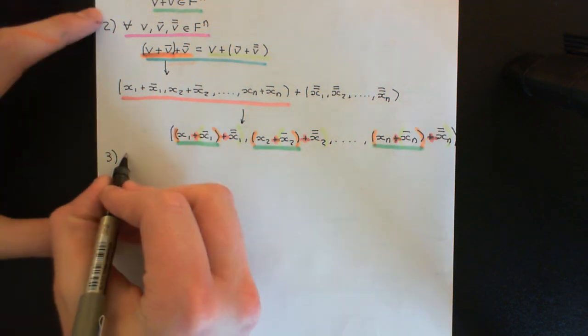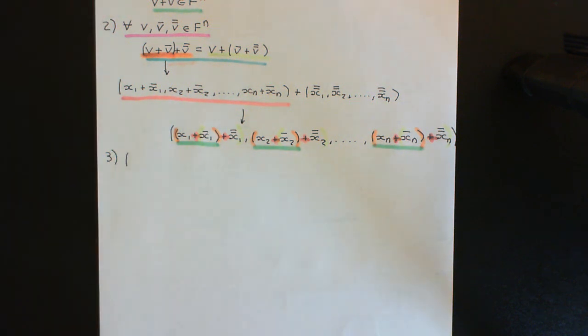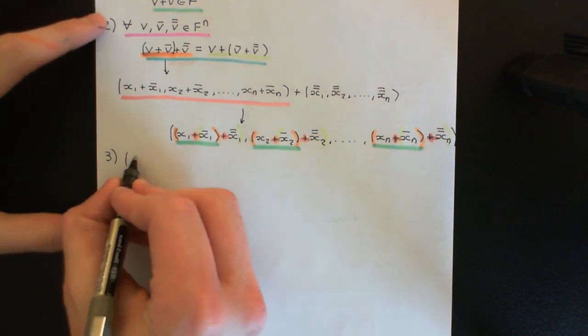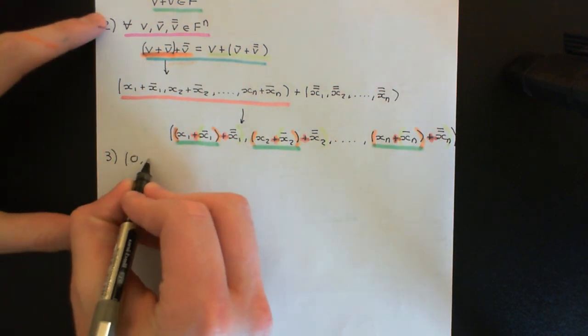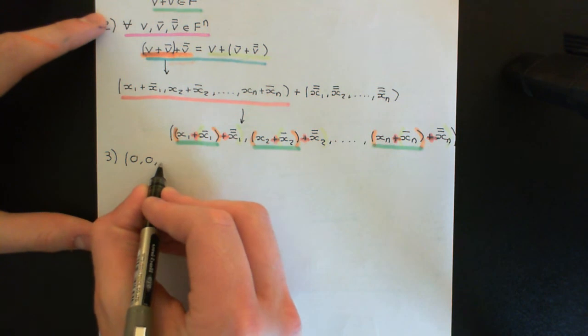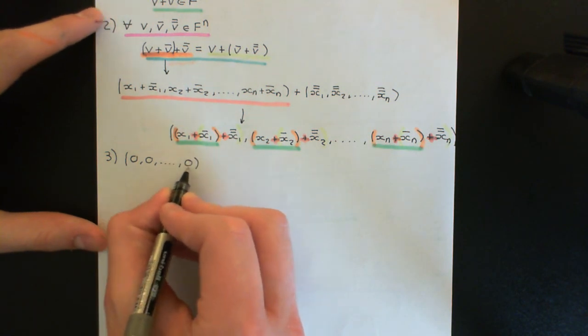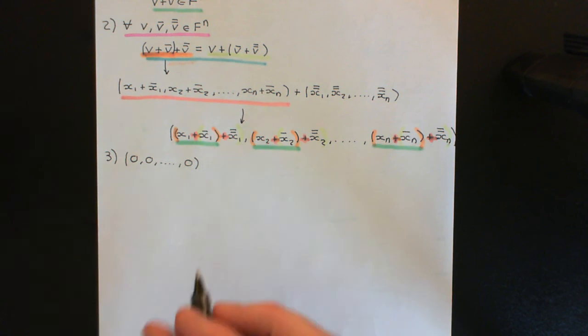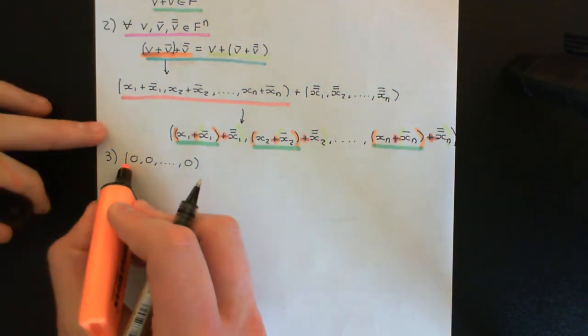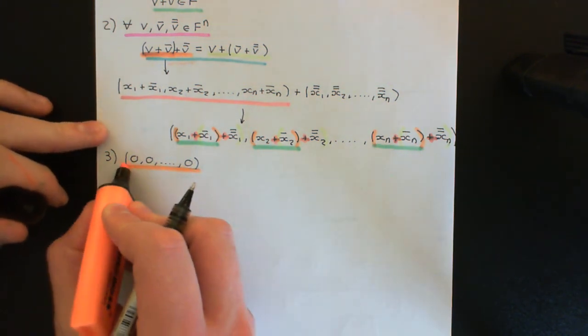The additive identity, the 0 vector in our vector space, is the vector that has the additive identity from the field in all of its entries. So it's going to be 0, 0, all the way up to the nth entry, 0. This is our 0 vector, our additive identity in the vector space.